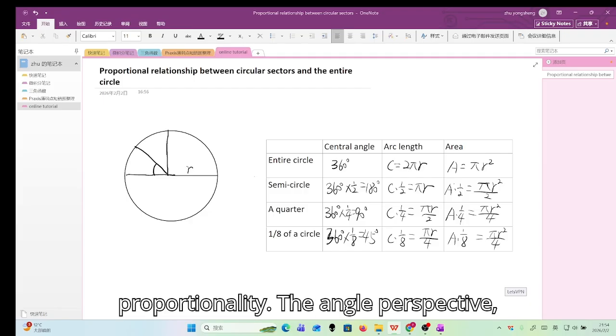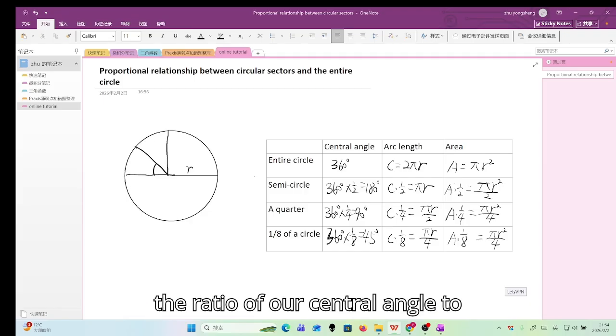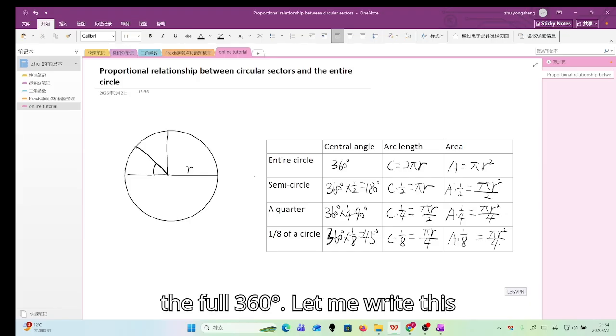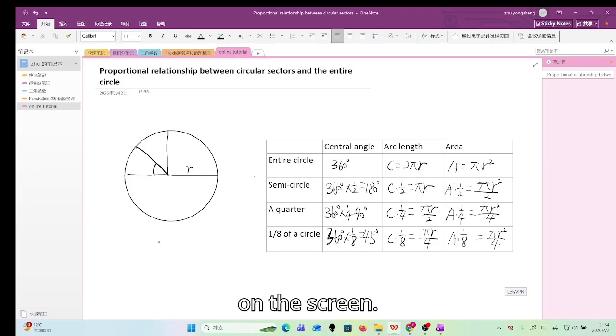The angle perspective: the ratio of our central angle to the full 360 degrees. Let me write this on the screen.